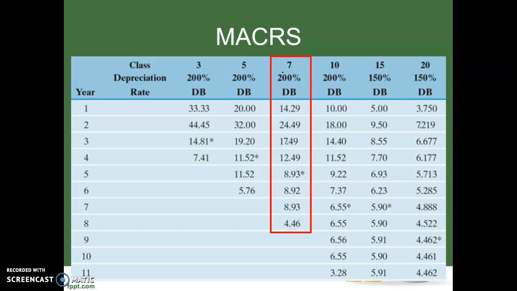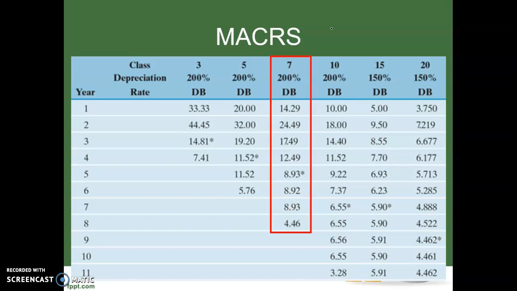These numbers in the table represent percentages. This is the percentage of the previous year's book value of the asset that you are allowed to depreciate the asset by. The basic way that this table is set up is it's based on a double declining balance method, with the exception of the first year.